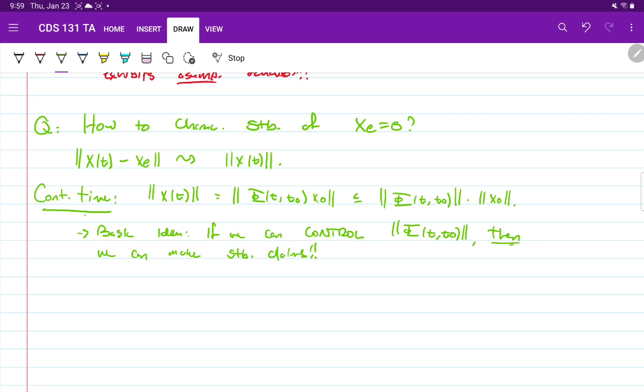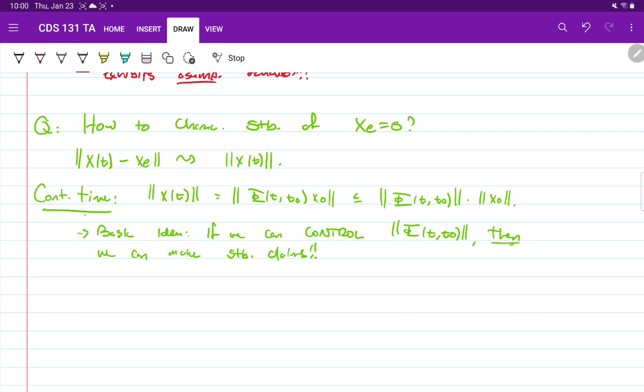And we clearly see the norm of x of t is upper bounded by the norm of phi times the norm of the initial condition, okay? So if we're able to control the norm of phi, then we should be able to figure out some sort of stability characteristic, okay? And it turns out this actually gives us a sharp characterization of stability, which essentially says, if the norm of my state transition matrix is bounded for all time, then I'm guaranteed to have Lyapunov stability. It turns out the converse of this is also true, okay?